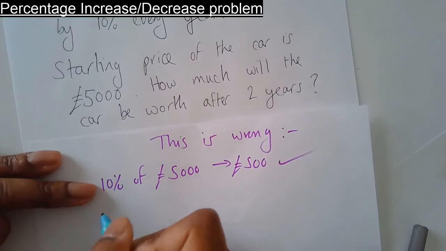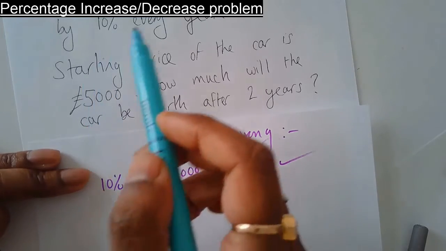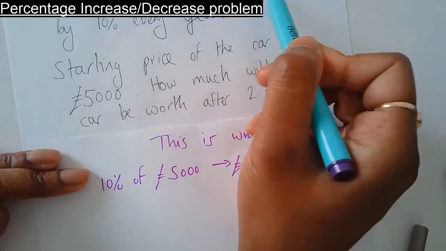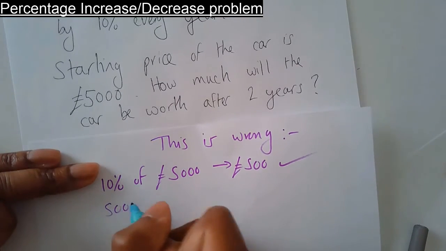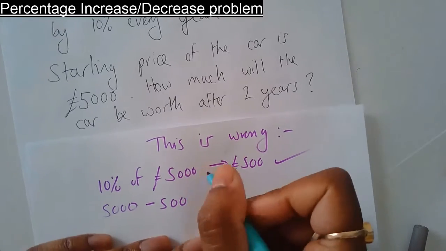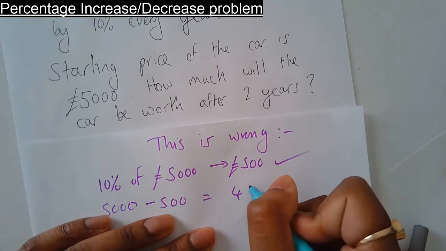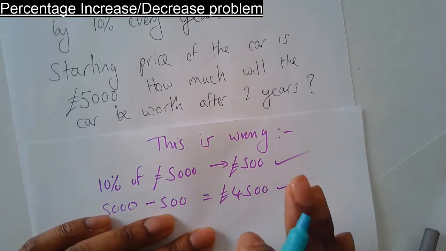Then what they do is, because it decreases, it's a takeaway, we subtract. So we do 5,000 take away the 500. That gives you £4,500. So that's still okay, right? It's not wrong yet.